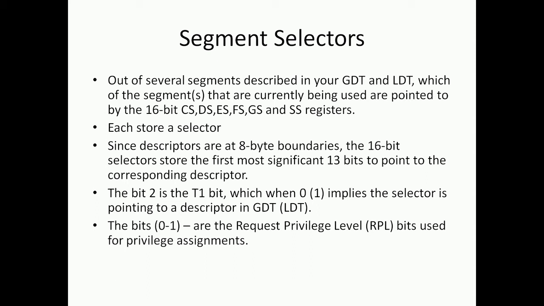When it is 1, it implies the selector is pointing to a descriptor in the LDT. Then there are 2 bits, bits 0 and 1, called the RPL, the request privilege level bits, which we will discuss in greater detail when we go into task switching.